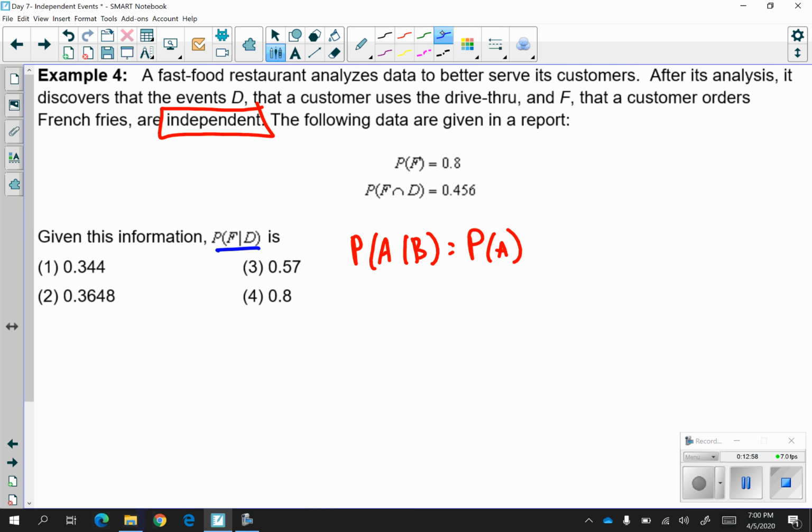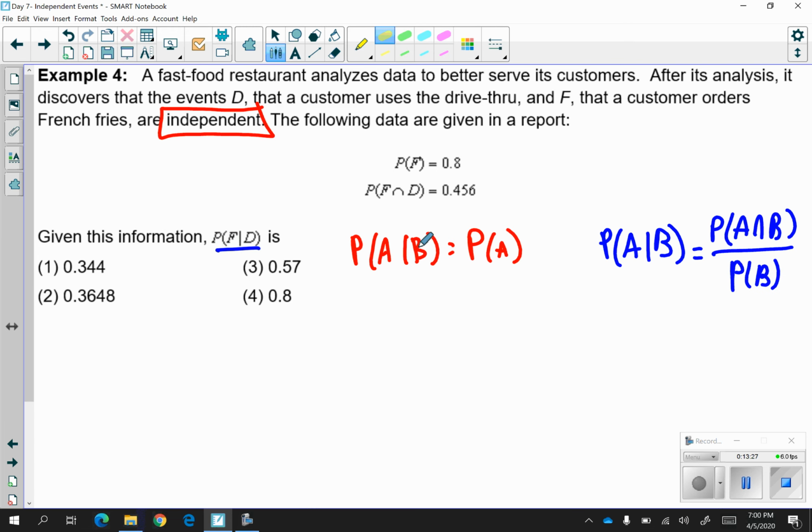The other formula you can use is the probability of A given B is equal to the probability of A and B over just the probability of the condition.